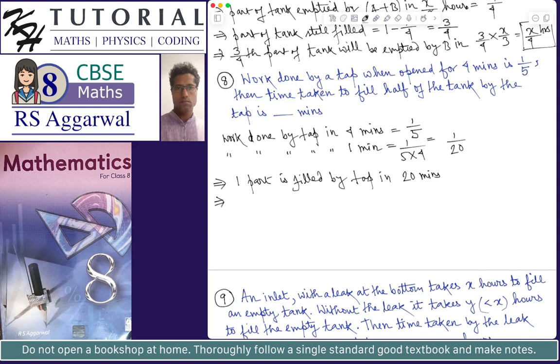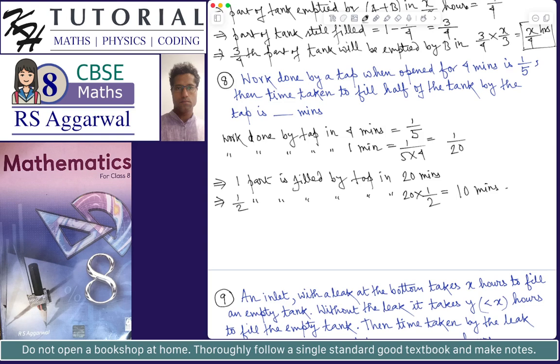So using the unitary method, we can say, since it is asking the time taken to fill half of the tank by the tap, half of the tank means half part. So half part is filled by the tap in 20 divided by 2, which is equal to 10 minutes.